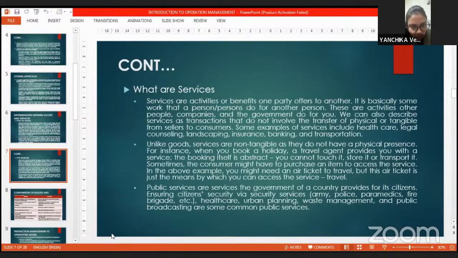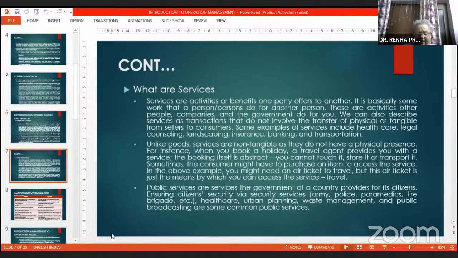Ensure citizen security via security services, army, police, medics, paramedics, fire brigade, etc. Healthcare, urban planning, waste management, and public broadcasting are some common public services.